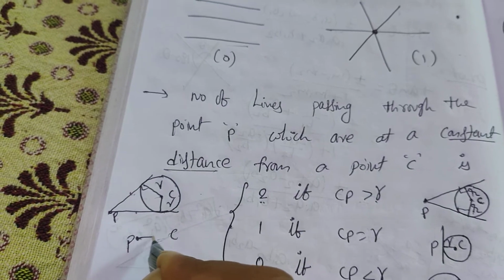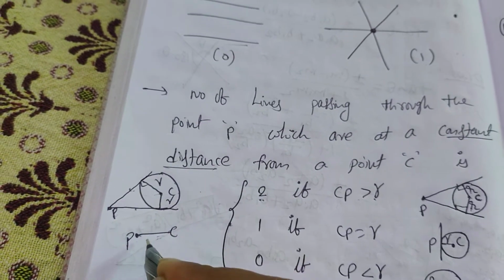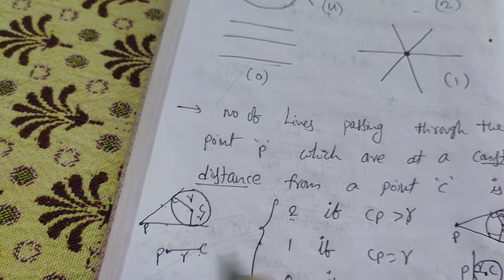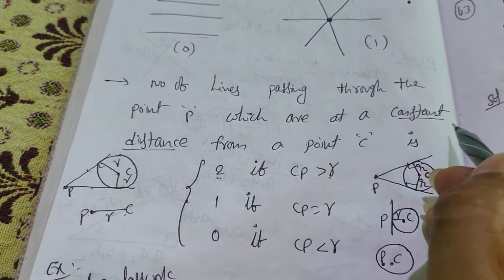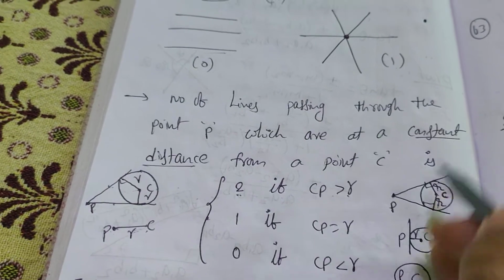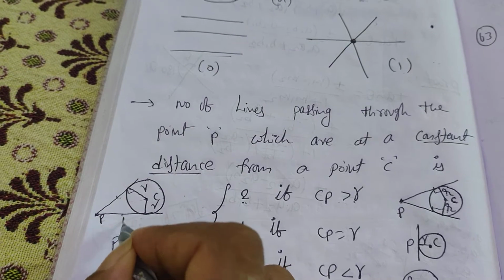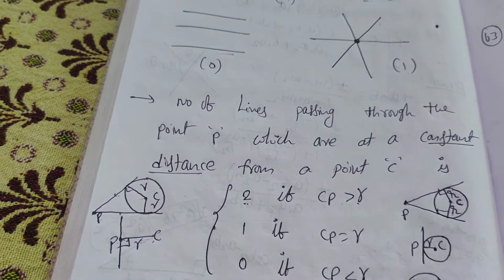If the distance CP is equal to a given constant distance, let us consider the constant distance as some R units, then how many lines can we draw? Only one line, because it is the perpendicular.